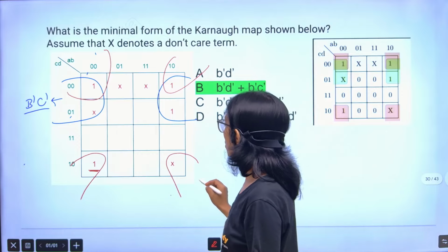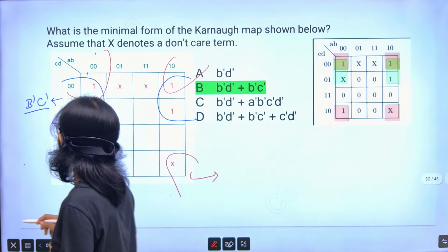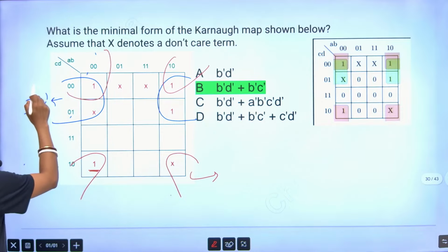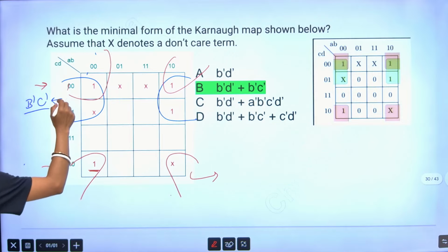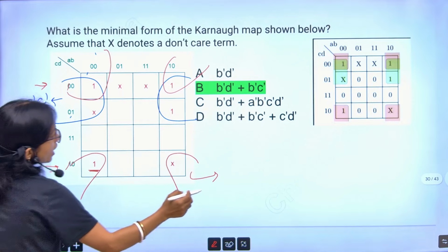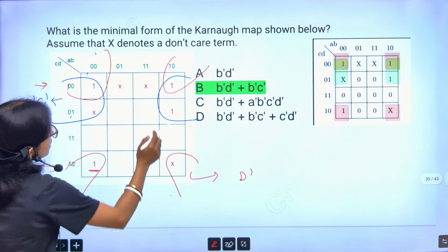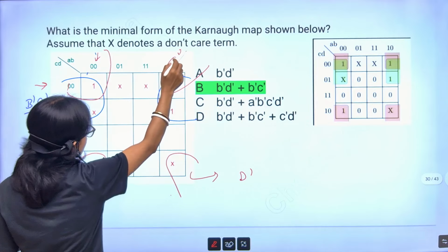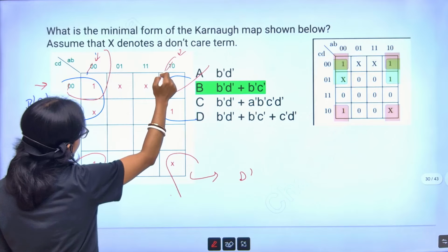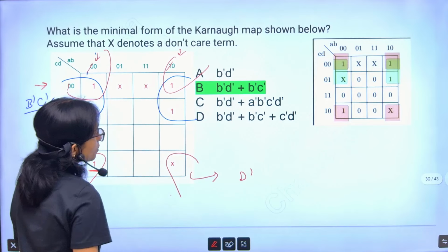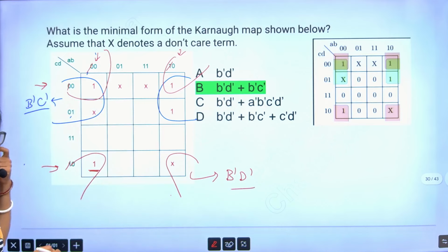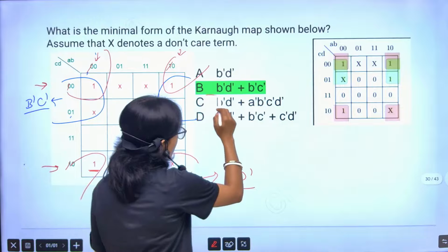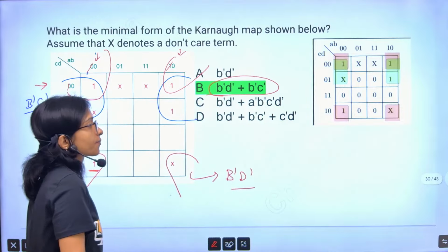So when I did the corner wrapping, what is my answer? Here this row and this row are involved. So 0, 1 is cancelled. You are getting here 0, 0, that means D bar. And this column and this column are involved. So 0, 1 cancel. This is 0, 0 means B bar. So here you are getting B bar. So the final answer is B bar, D bar and B bar, C bar.